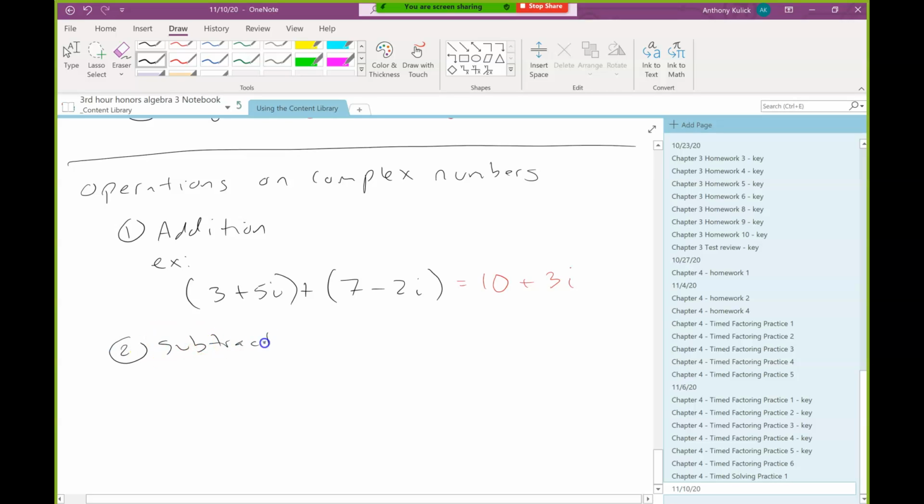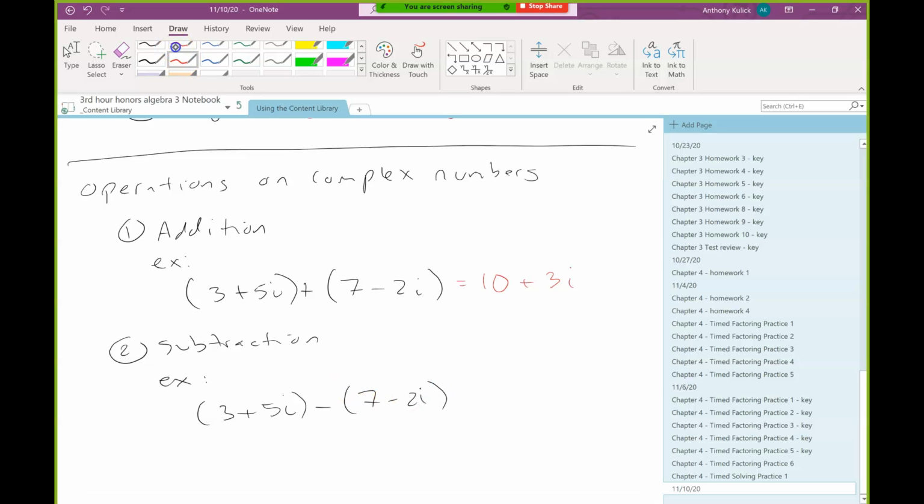Okay. What's going to be the thing that we have to be careful about in subtraction? Yeah, the subtraction symbol. Why do we have to be careful about it? Yeah, because it distributes to everything in the parentheses, right?